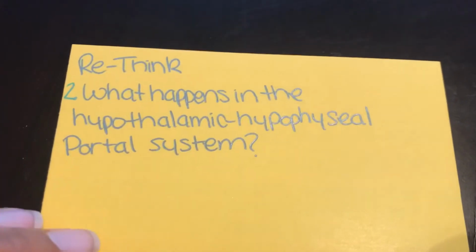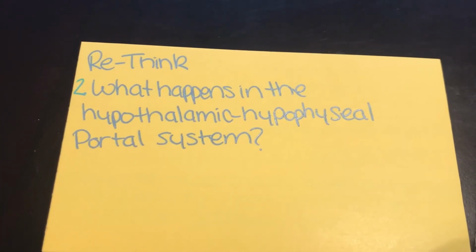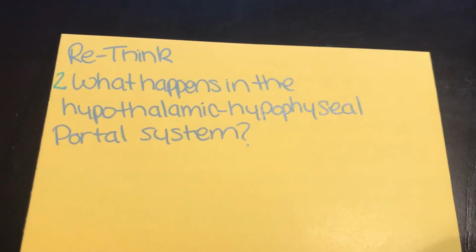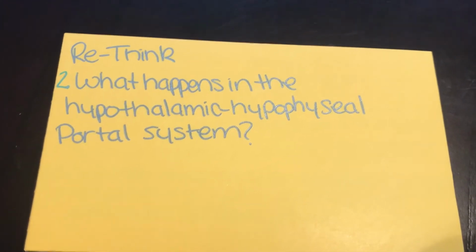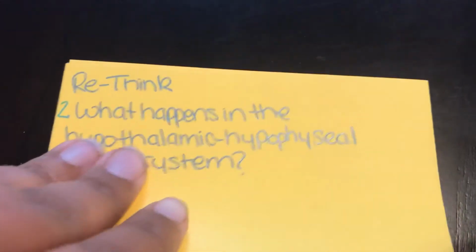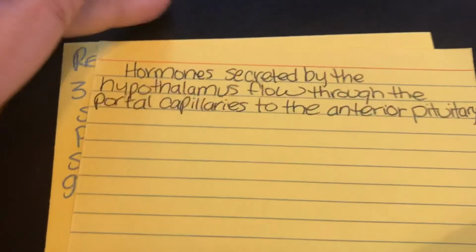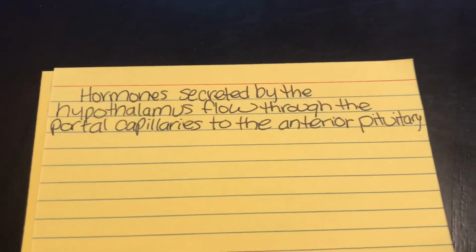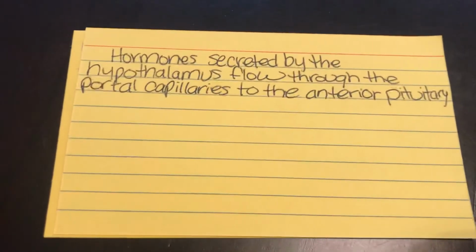Number 2, what happens in the hypothalamic hypophyseal portal system? Hormones secreted by the hypothalamus flow through the portal capillaries to the anterior pituitary.